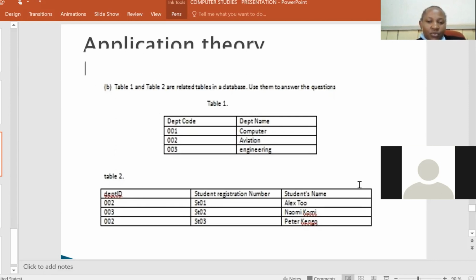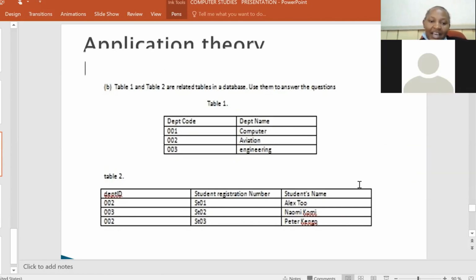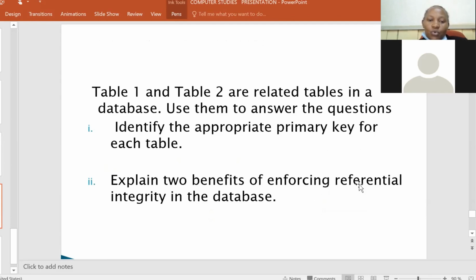Department ID in table 2 is a foreign key, and it's the one that you are going to use to relate your two tables. Your two tables will be related using the department code in table 1 and the department ID in table 2.